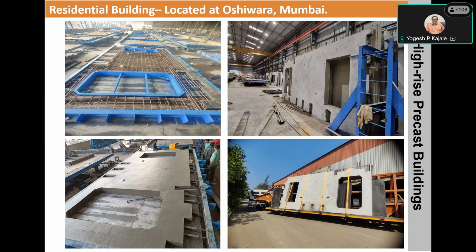Everything depends on the number of resources which can be deployed on a project. If the project is located in a very congested area, there will be a lot of limitations in deploying more resources. So naturally, speed will be less, but the quality will not be compromised if it is switched over to precast construction.